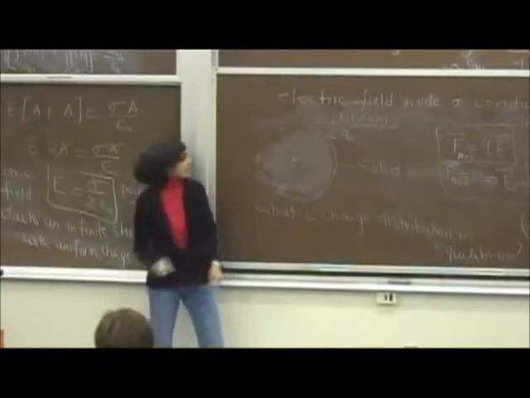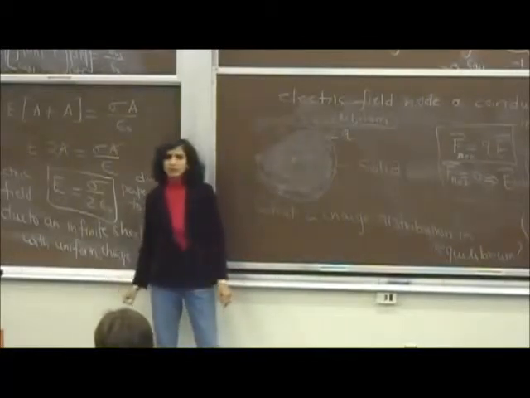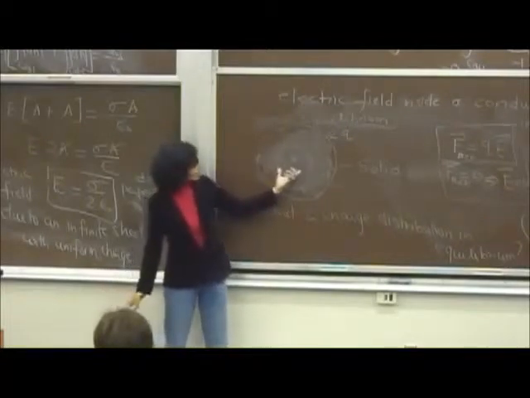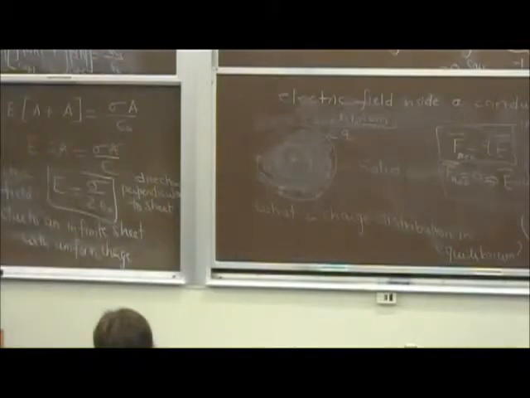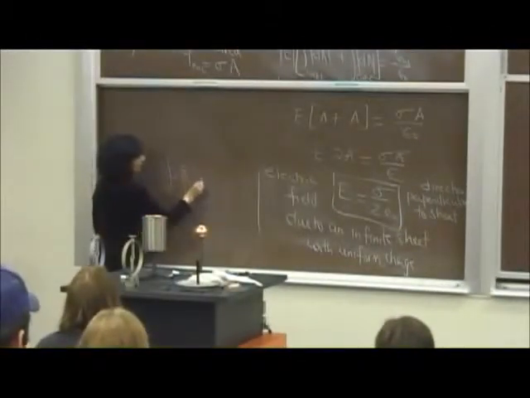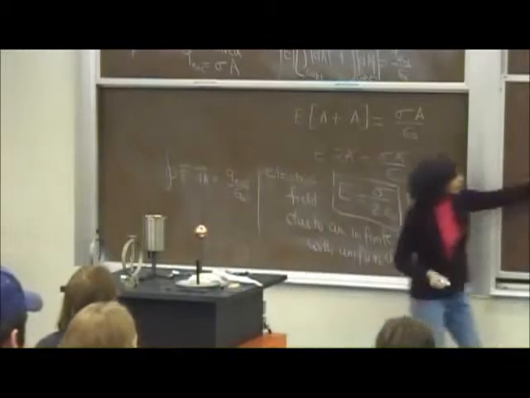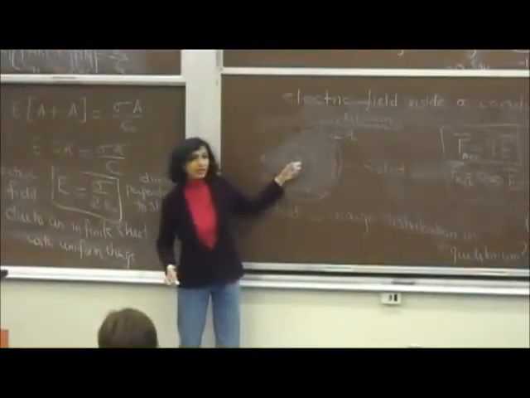The problem would be, think about just drawing a Gaussian sphere in your head. If we use Gauss's law, is there a Q enclosed in this hypothetical sphere that you're thinking of? Is there a Q enclosed now if there was some charge left over?